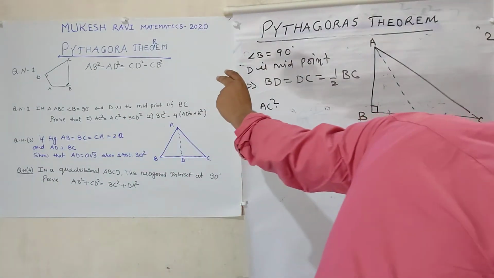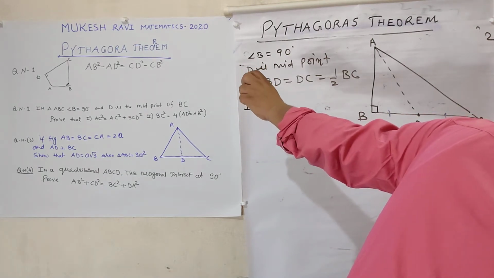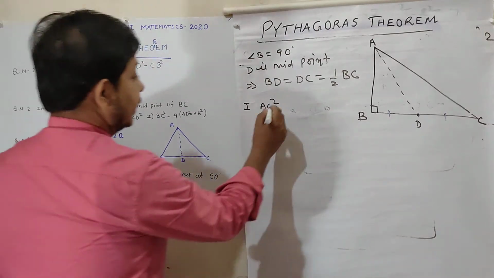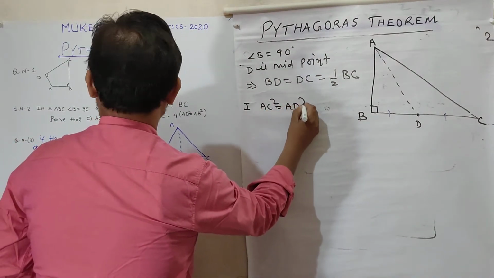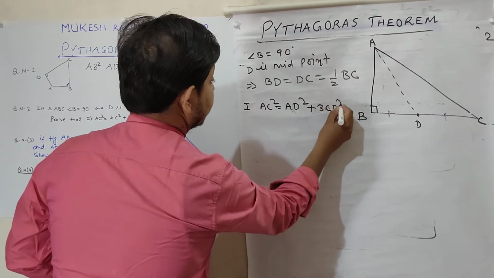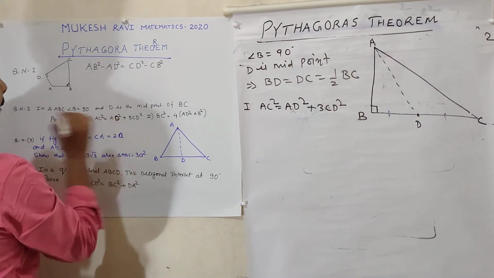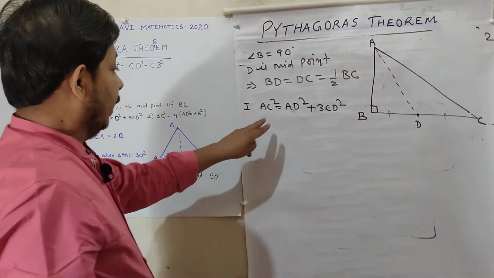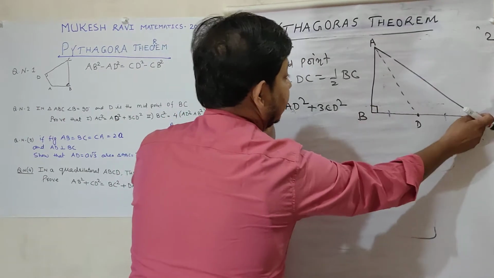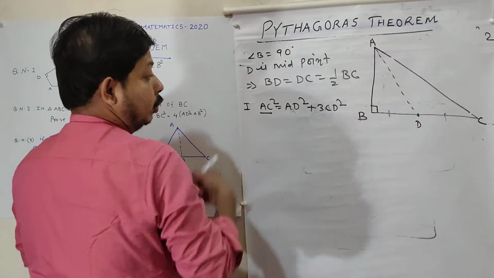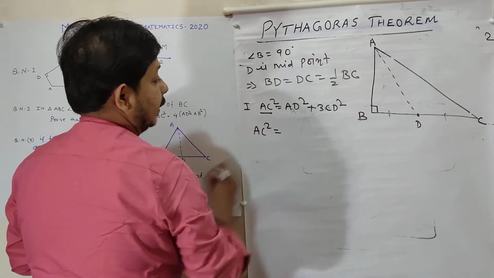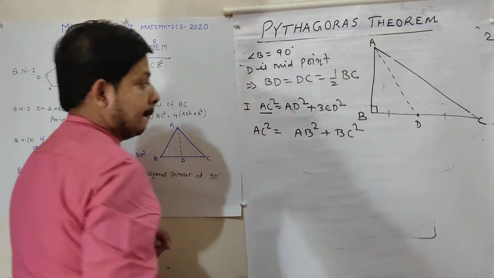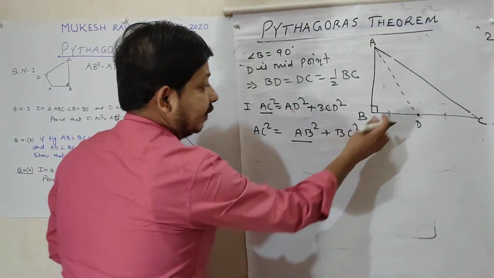Wait, I have to check once again. The question is AC square is equal to AD square plus 3CD square. Now this is AC. So you write here AC square is equal to AB square plus BC square. Now this AB is not given in the question.